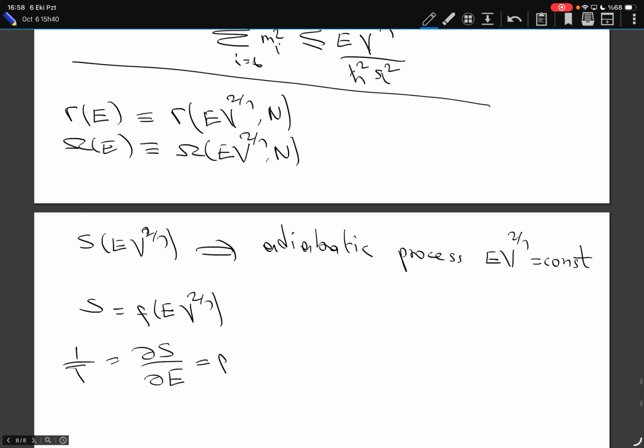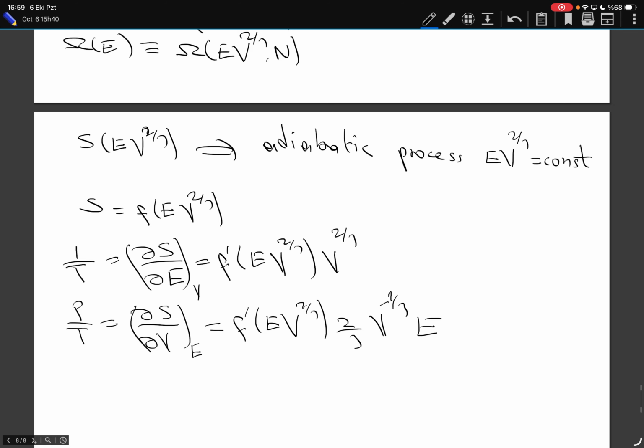And P over T is the derivative of S with respect to V at constant E, which will be F prime times E times V to the 2/3 times 2/3 times V to the power minus 1/3. I'm just using the chain rule.